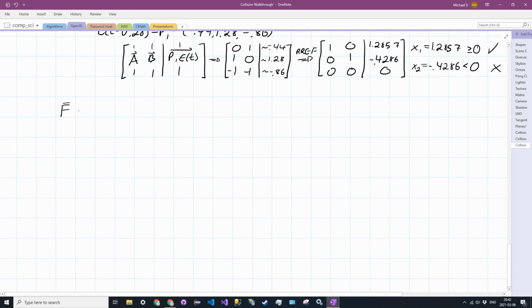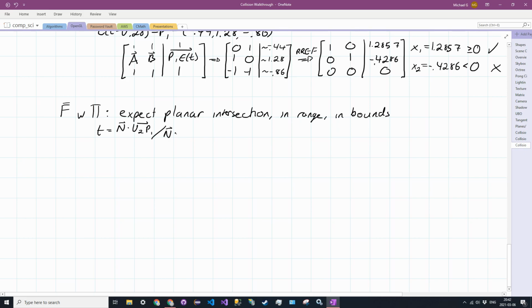So F with the plane pi, expect a planar intersection in range and in bounds. So once again, we calculate t. T is equal to n dotted with u2p1, where u2 is the originating, or the first point on the vector f, divided by n dotted with f.